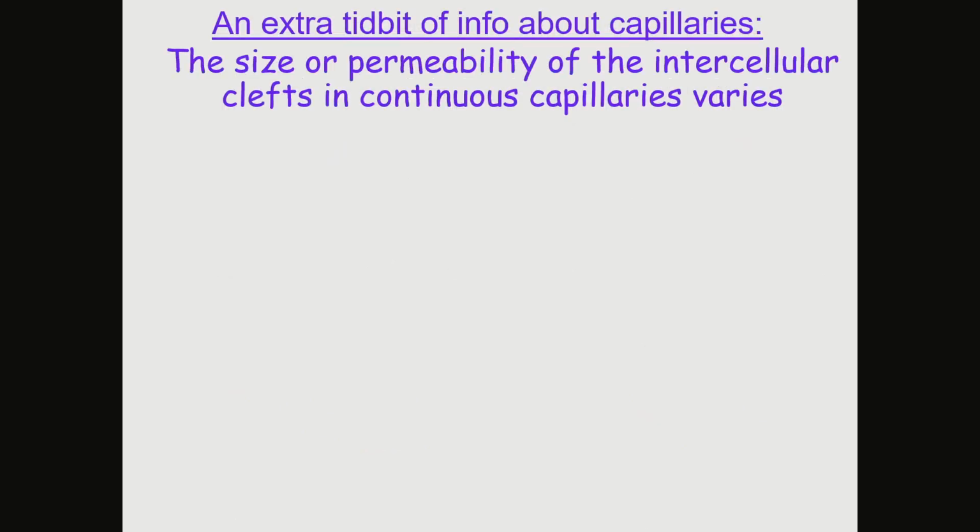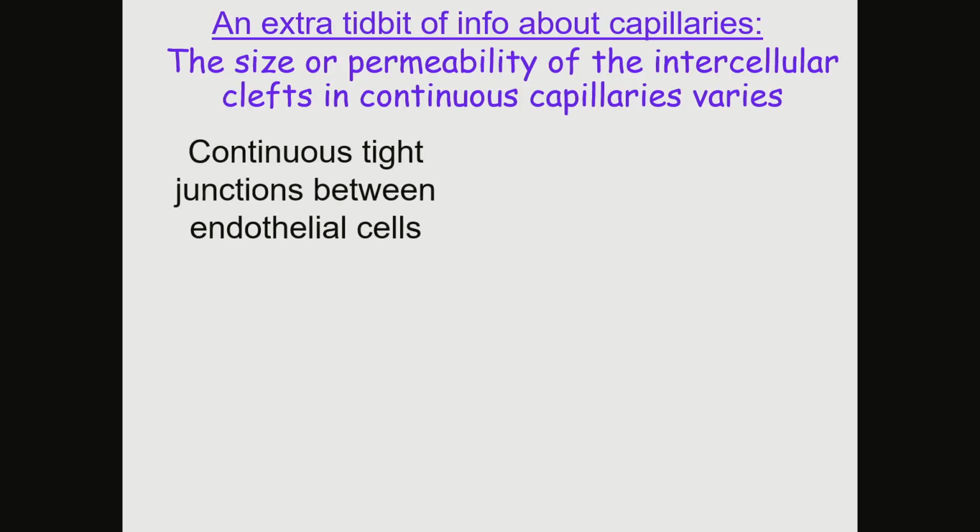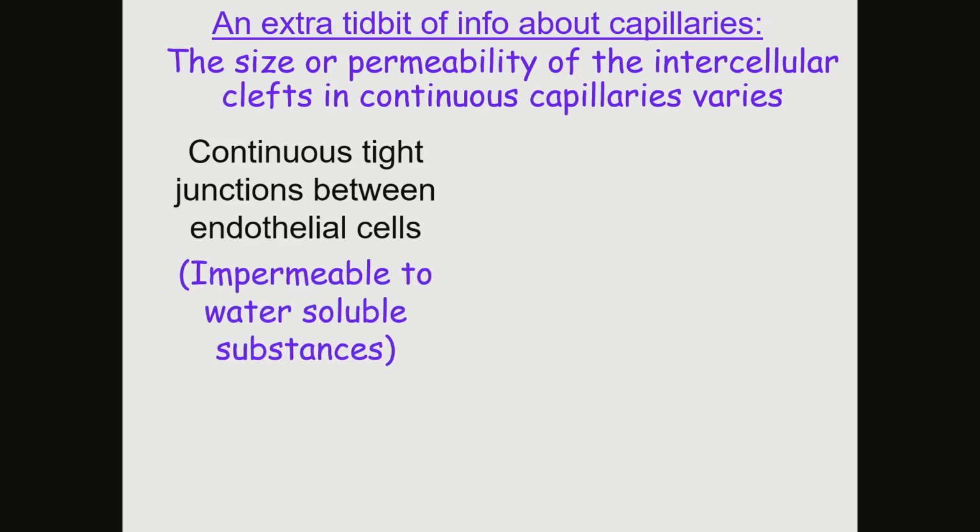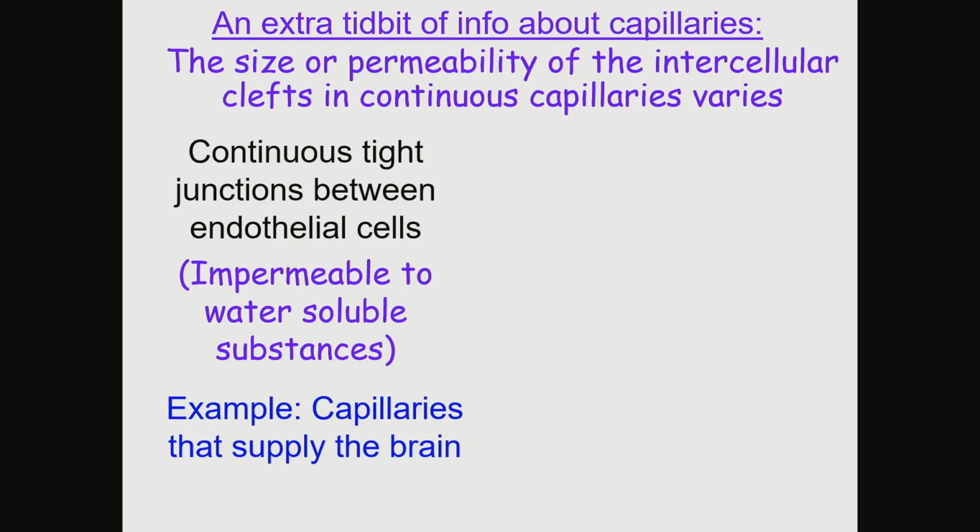An extra tidbit of info about capillaries: remember that sometimes we have tight junctions between the endothelial cells that can be either loose or really, really tight. With continuous capillaries, the tight junctions are essentially impermeable to water-soluble substances, so things cannot get through that intercellular cleft.